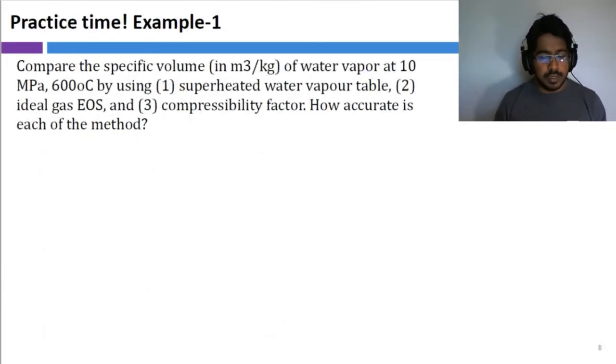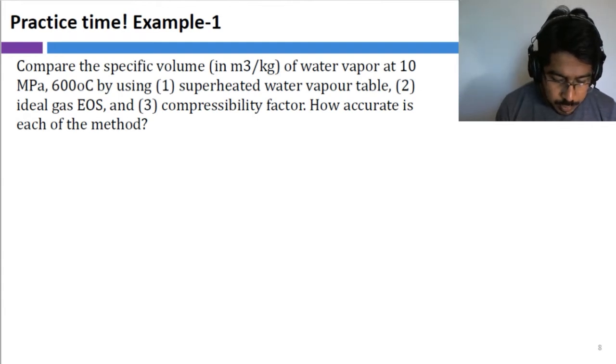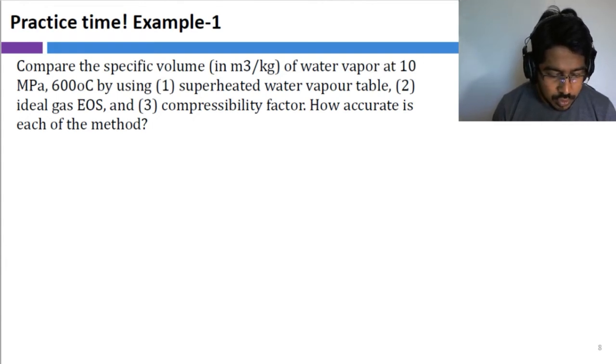Now, as you are all comfortable with tables, equation of state and compressibility factor, let's dive into the problem and see whether you can find the specific volume of water vapor at 10 megapascal and 600 Celsius by using the superheated water vapor table, the ideal gas equation of state, and the compressibility factor.